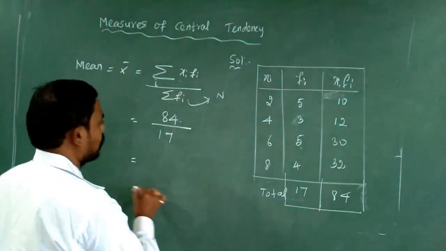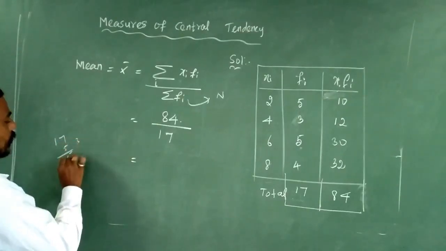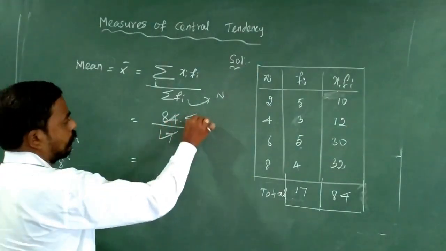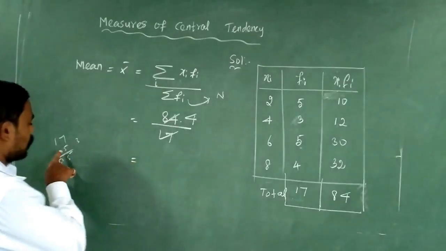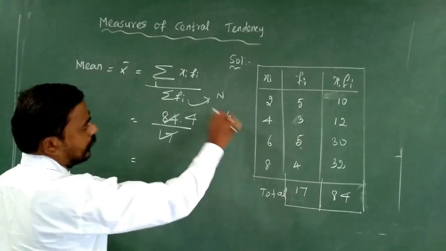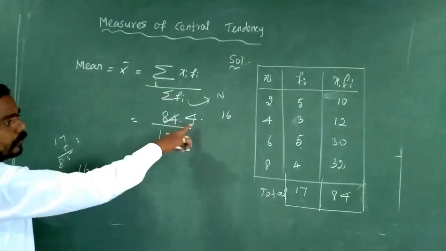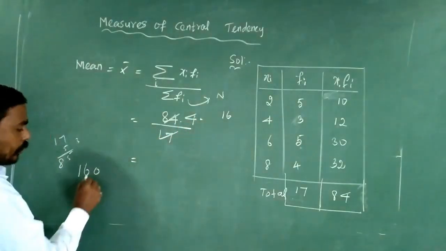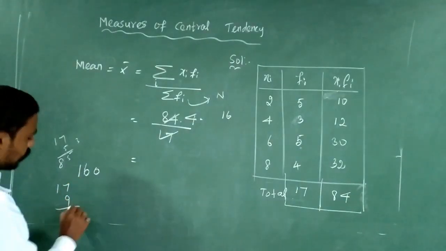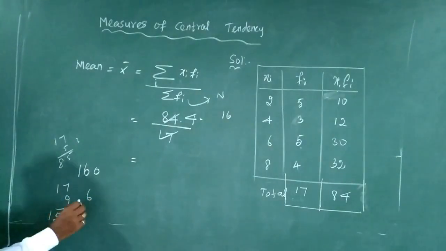So how many 17s? Maybe 17 5s is 85. No? So it's cancelled by 4. Remaining 85 minus 84, so 16 is less than 17, put decimal. Now introduce a 0, so now we have 17 into 9, 153.